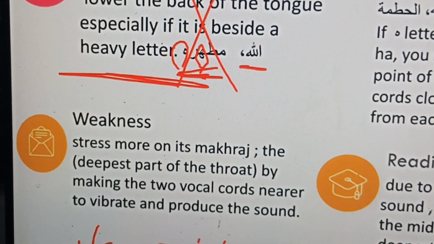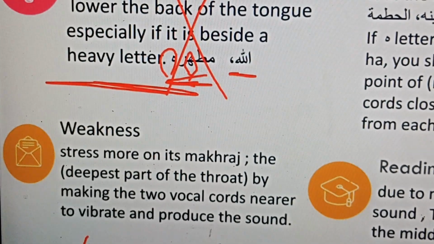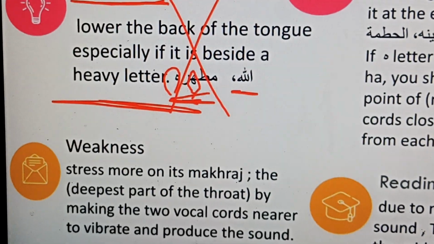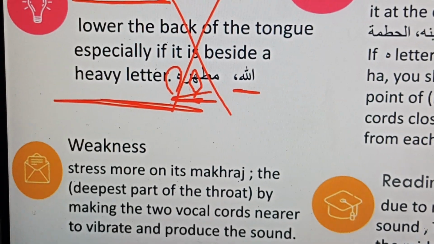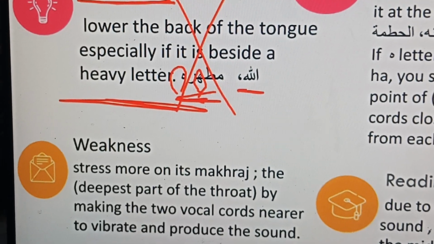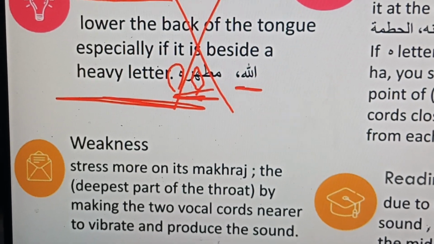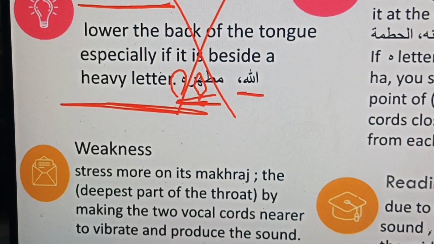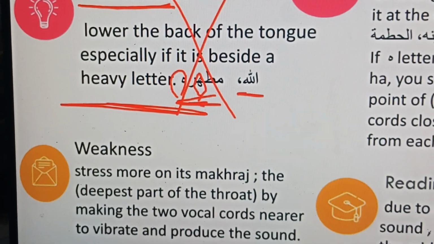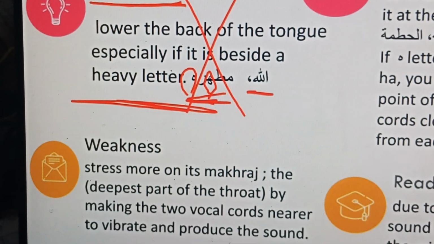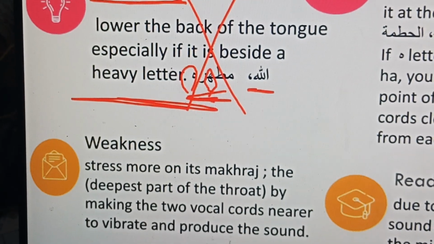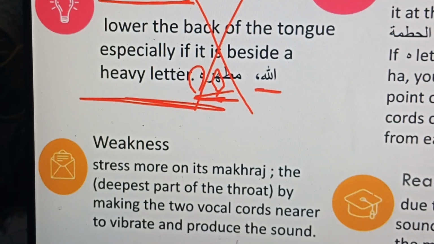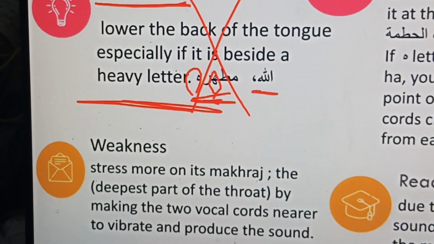Weakness is because of less stress. So we have to stress more on its articulation, its makhraj, which is the deepest part of the throat, by making the two vocal cords near to each other, so that the vibration happens and the ha sound is produced.